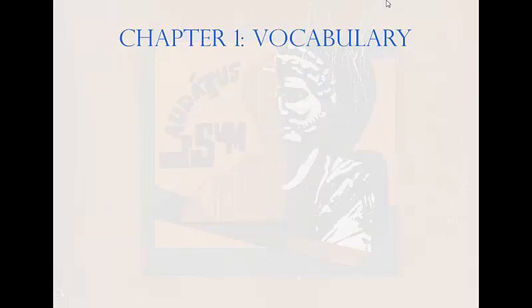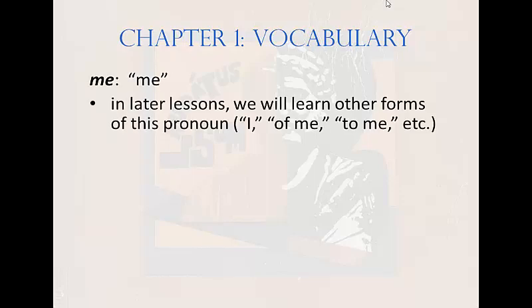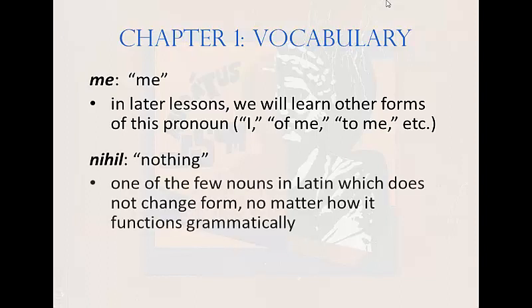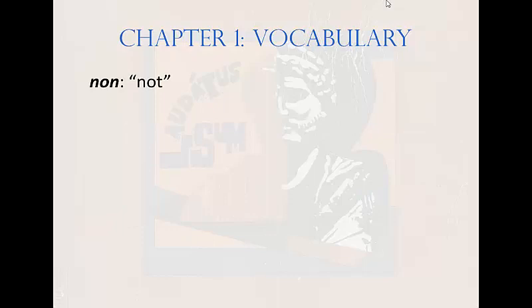Finally, let's look at the vocabulary for this chapter. The first entry, me, means me in English. In later lessons, we'll learn other forms of this pronoun, for instance, mei, of me, mihi, to me, and so on. Nihil means nothing. It's one of the few nouns in Latin which does not change form, no matter how it functions grammatically.